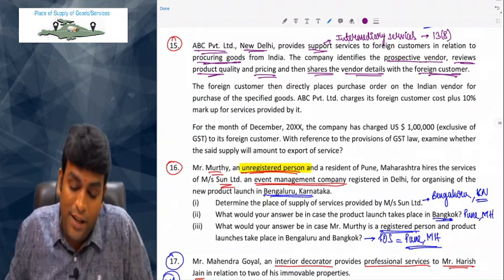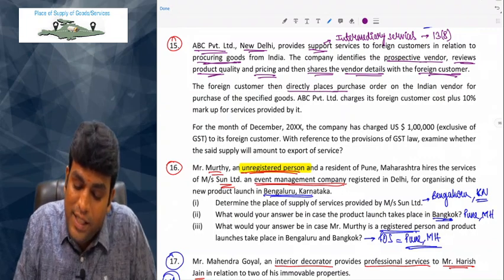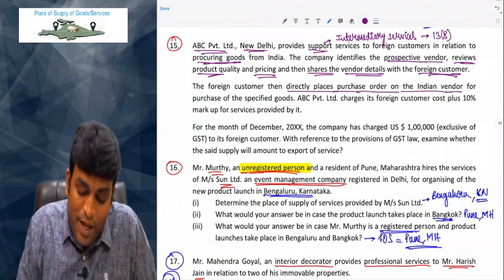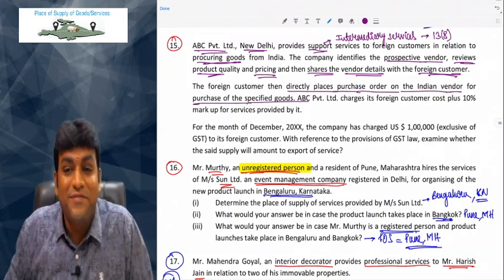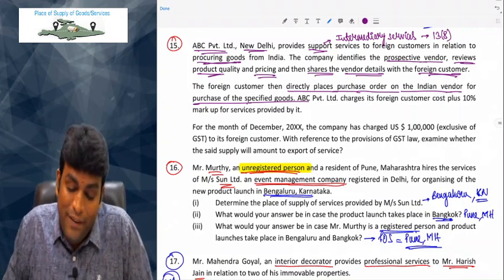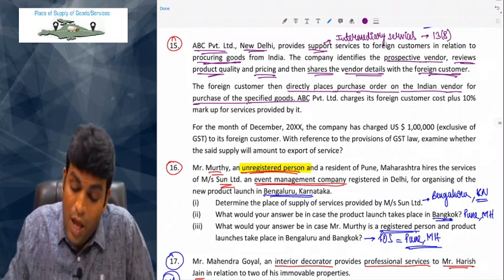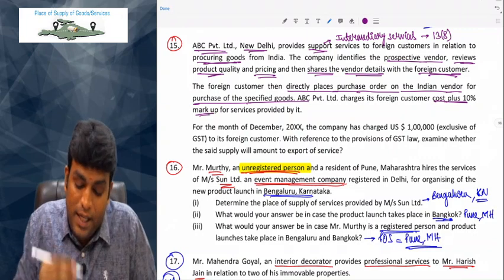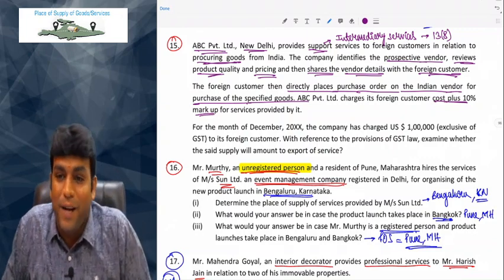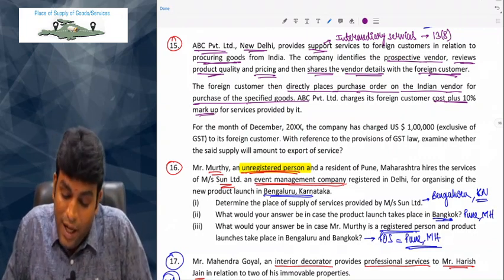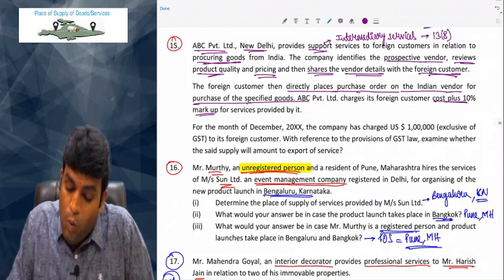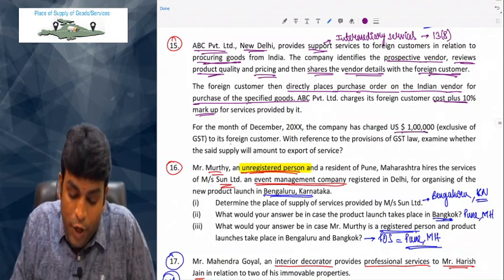Foreign customer then directly places purchase order on the Indian vendor for purchase of specified goods. Wonderful. ABC Private Limited charges its foreign customer cost plus 10% markup for services provided by it. For the month of December, company has charged $1 lakh to its foreign customer.